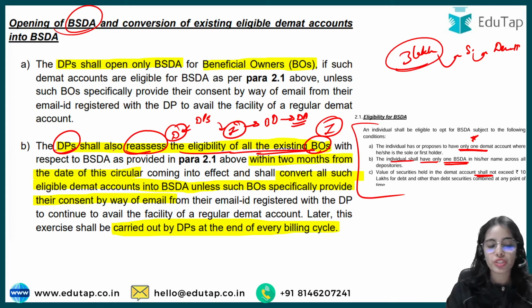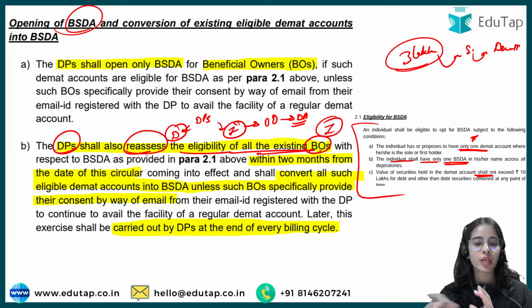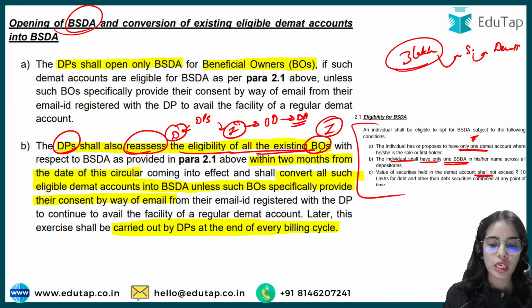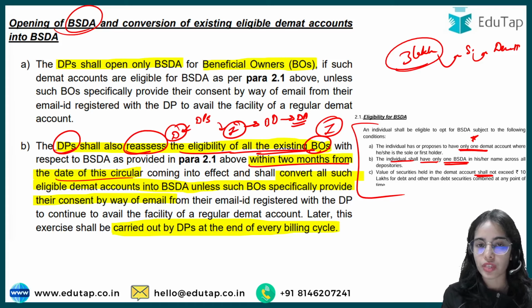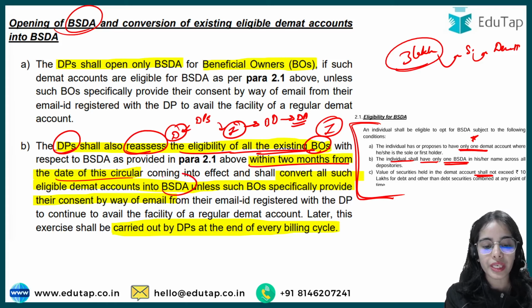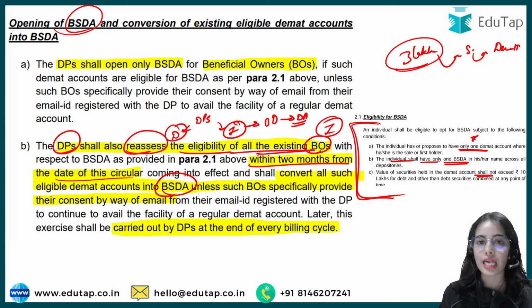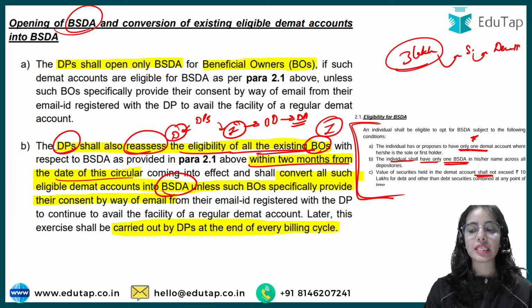The depository participant shall reassess the eligibility of all the existing demat accounts within 2 months from the date of the circular. If they are following the eligibility criteria, these accounts will be converted into the BSDA, unless you are specifically emailing the depository participant that you do not want this kind of conversion to the basic services demat account.